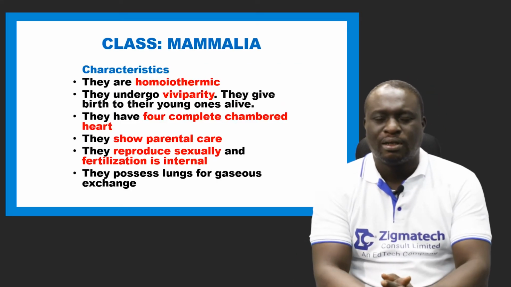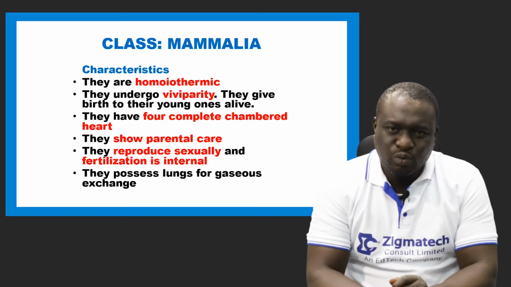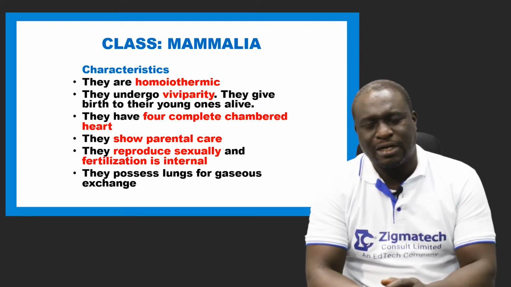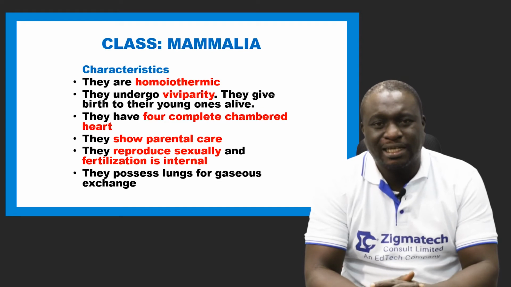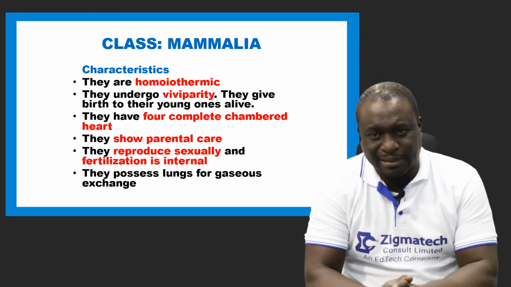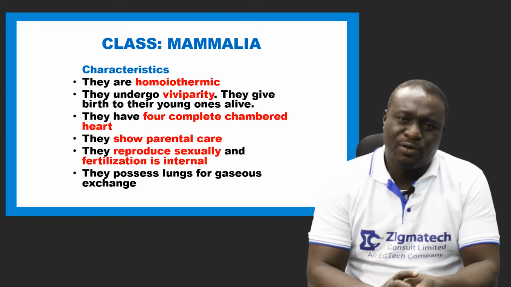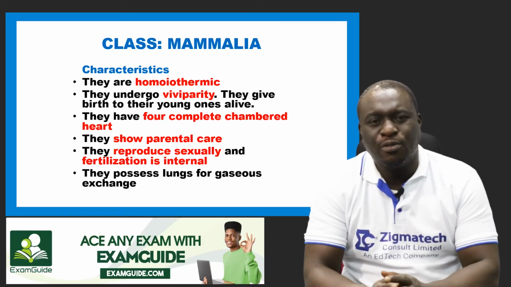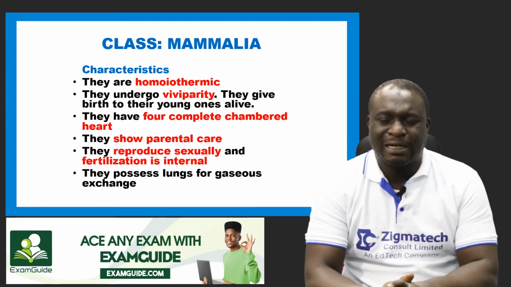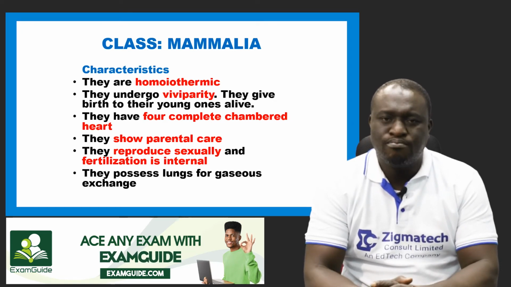Finally, we have the Mammalia, which is the last class in phylum Chordata. Now, let's take a look at some of their characteristics. Number one, they are homeothermic. It means that mammals are warm-blooded.